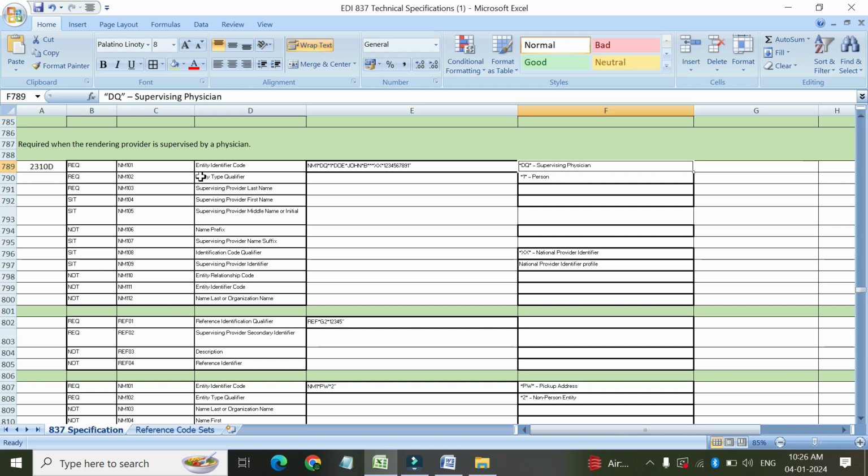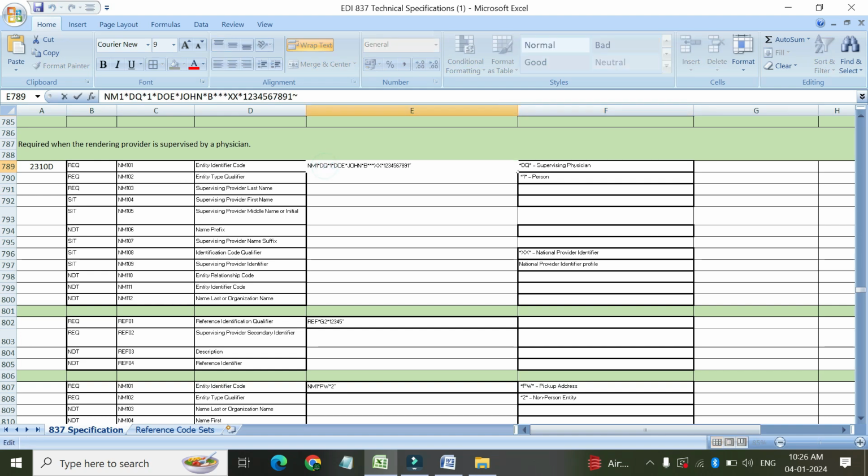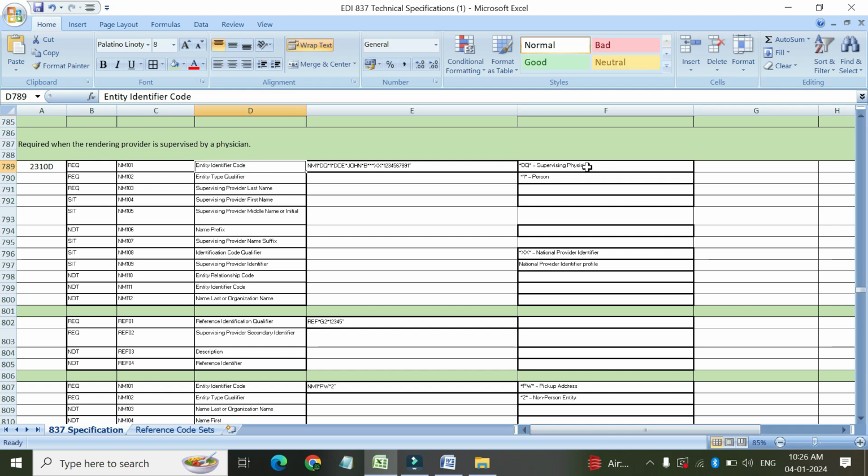So again, the qualifier goes in the first element of NM1 segment, and DQ means supervising physician. Second element, entity type qualifier, which is one, which means person. And again, third, fourth, fifth, sixth, seventh element contains last name, first name, middle name, suffix if applicable.